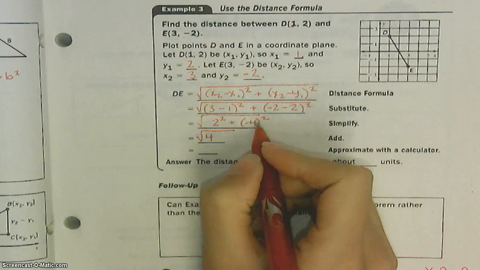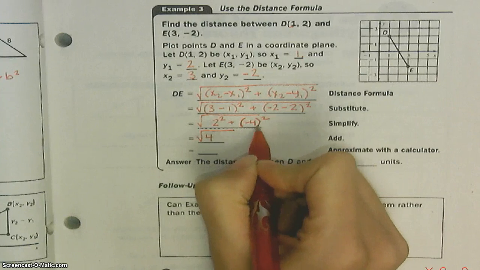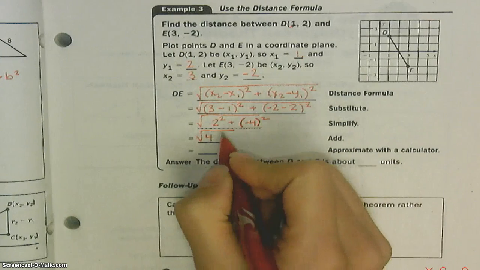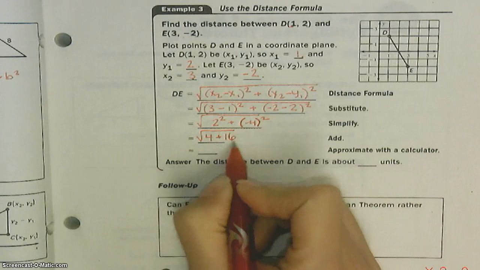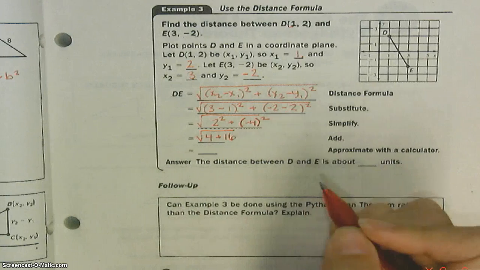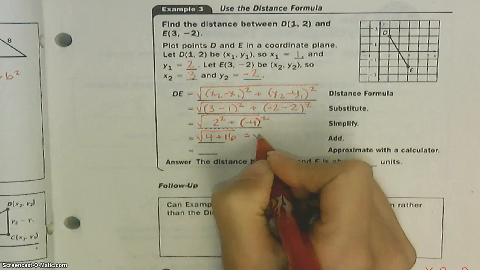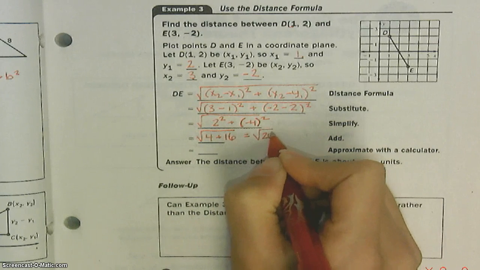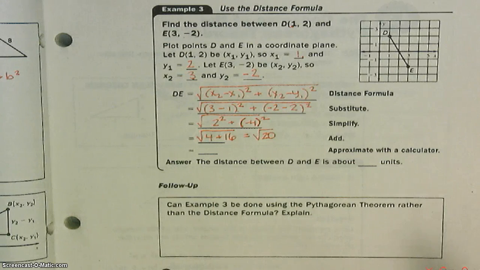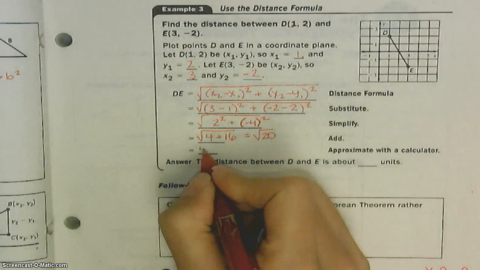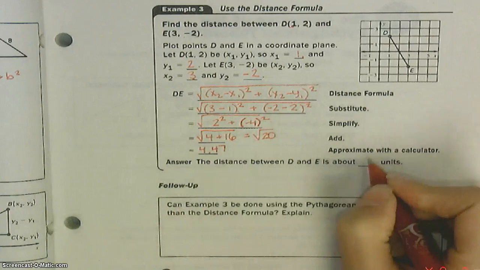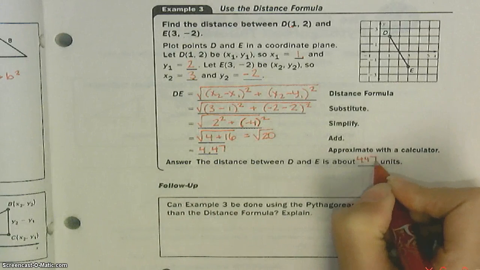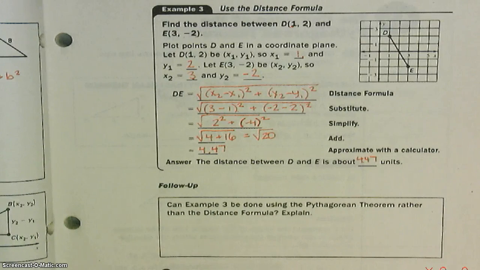And -4 squared, if you make sure you put these parentheses in, is +16. Both of these numbers should end up positive. If they don't, then you did something wrong. And 4 plus 16 is 20. The square root of 20 is approximately 4.47 when I put that in my calculator.